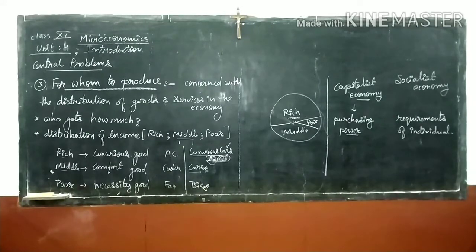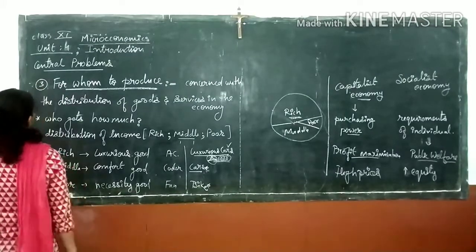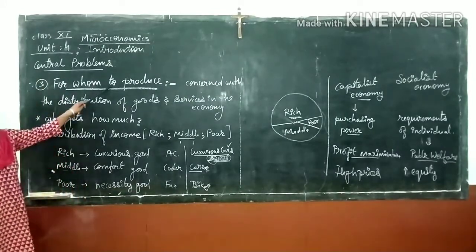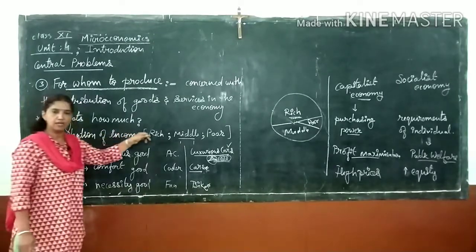Accordingly, the level of output may remain low and the process of growth will suffer. Briefly, the problem of for whom to produce relates to the problem of distribution of output.